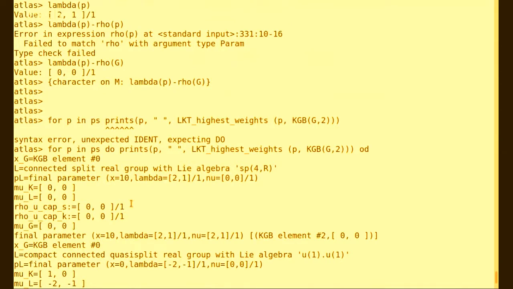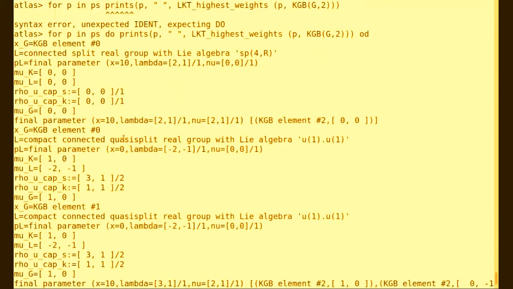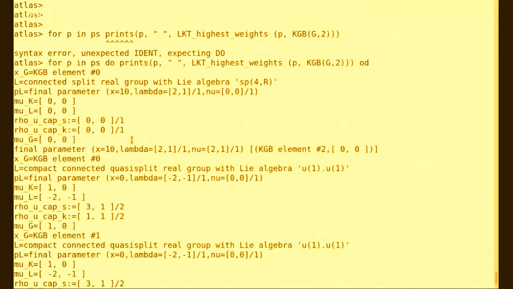But the first parameter, blah, blah, blah. Ignore everything except this. There's a lot of information here, but what I care about is this guy right here.